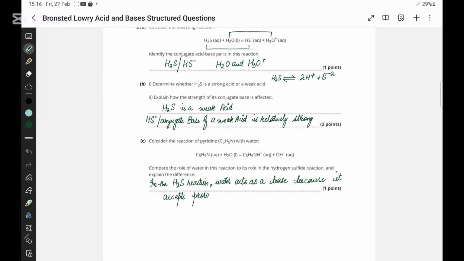While on the other hand, in the C5H5N reaction we can see that water is donating a proton.